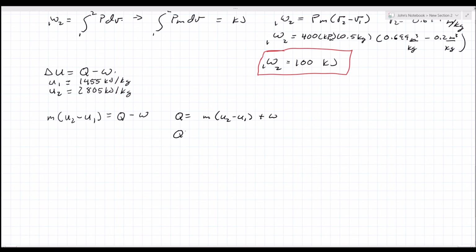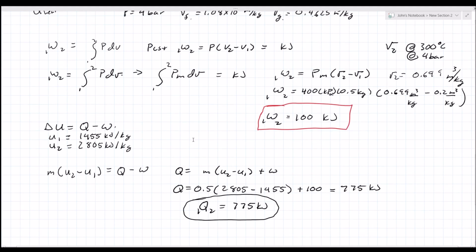So Q is equal to 0.5 times (2,805 minus 1,455) plus 100. This is equal to 775 kilojoules. Therefore, my heat from process 1 to 2 is equal to 775 kilojoules of heat added.